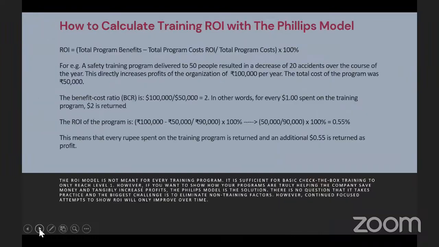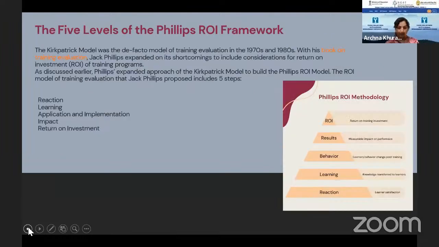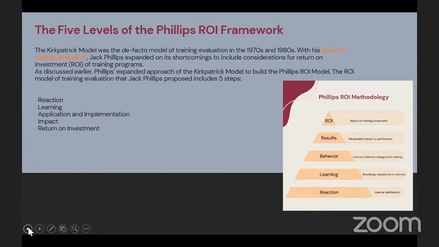The ROI model of training evaluation that Jack Phillips proposed includes five steps: reaction, learning, application and implementation, impact, and return on investment.